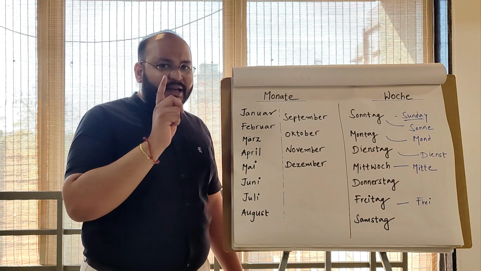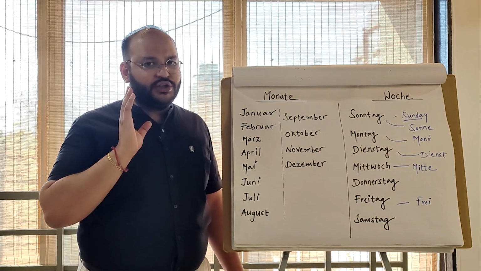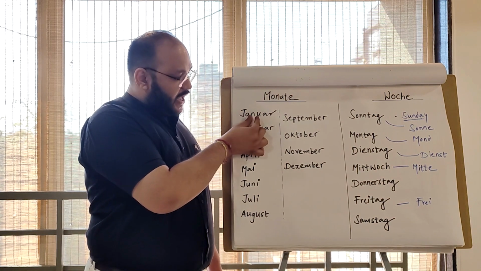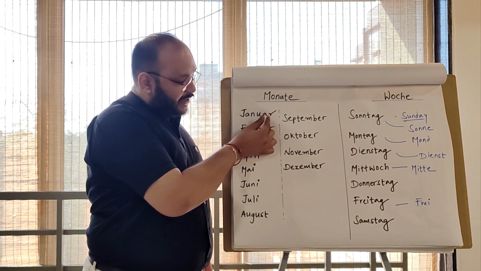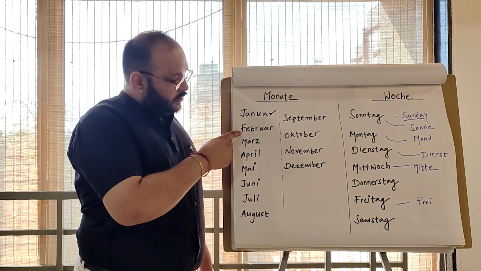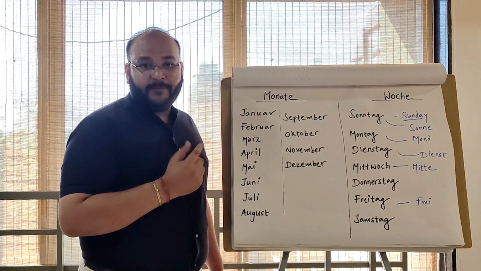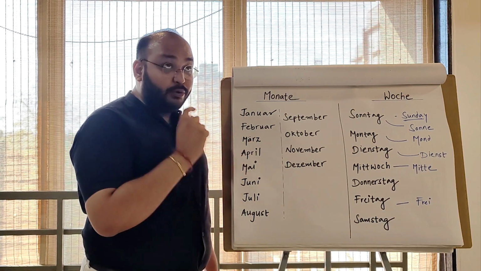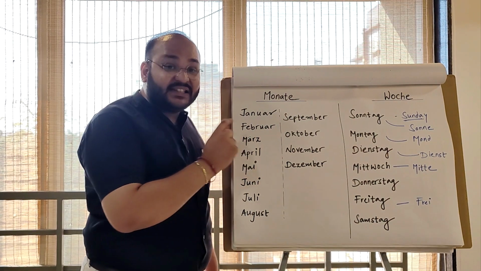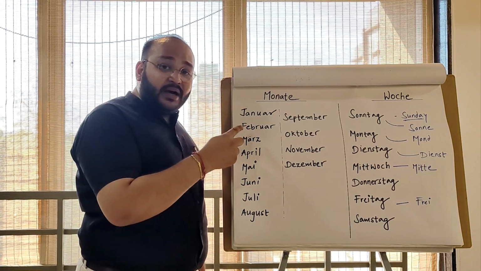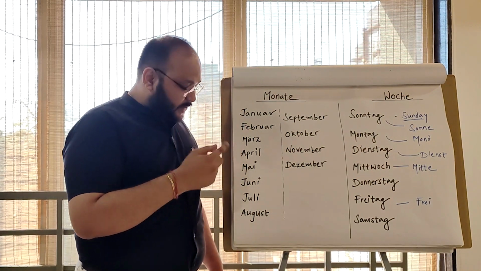We know that J is ya. Januar. Februar. A umlaut is A. So März, because Z is S. So Januar, Februar, März.